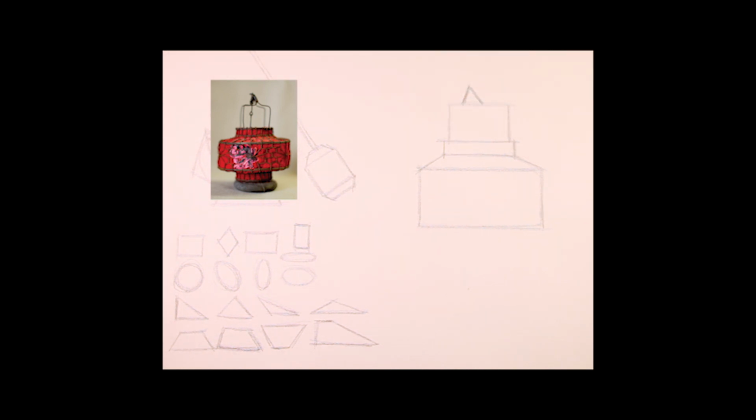Now, move down. Even though we do not see too much at the bottom, I can see a little bit of space right here, and that's another trapezoid. And when we go down, another rectangle.